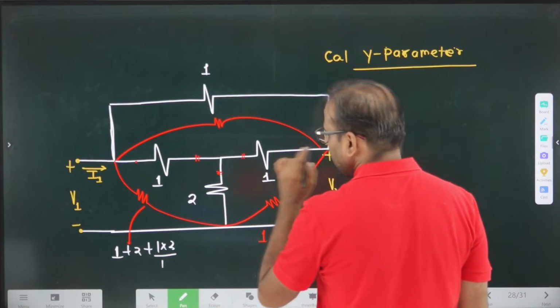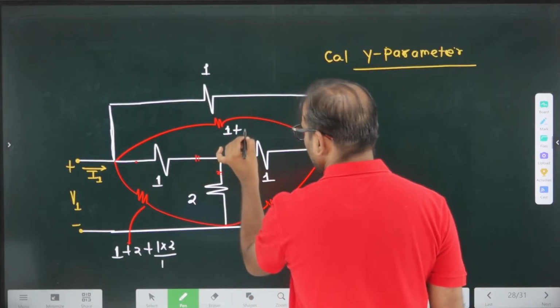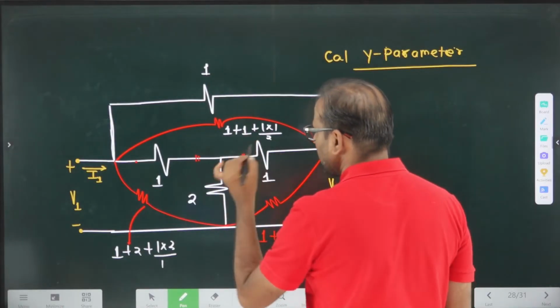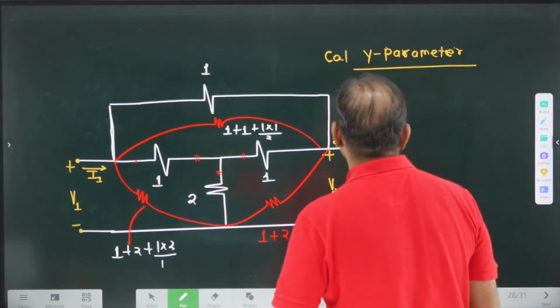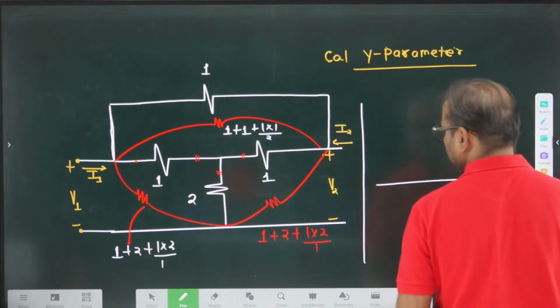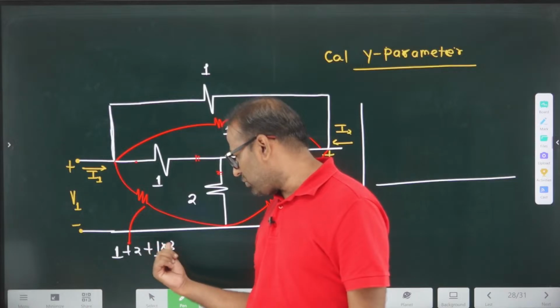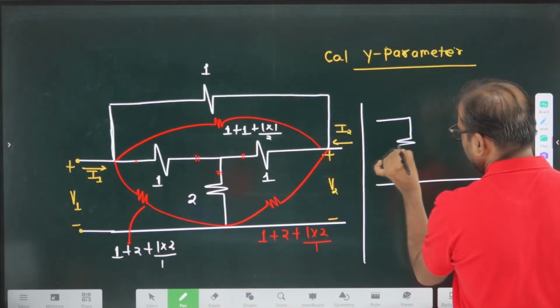Here, what is the value of this? 1 plus 1 plus 1 into 1 divided by the opposite resistance, which is 2. Correct? And the next step is your answer. What is the value of this? 1 plus 2, 3, 3 plus 2, 5. So you can say at the input we have a 5 ohm resistance.